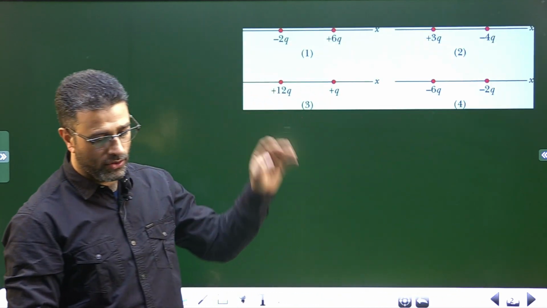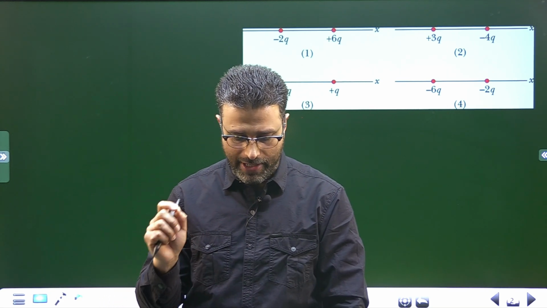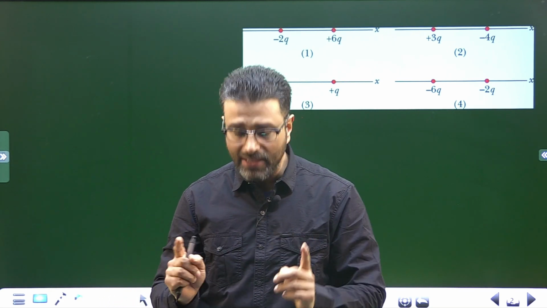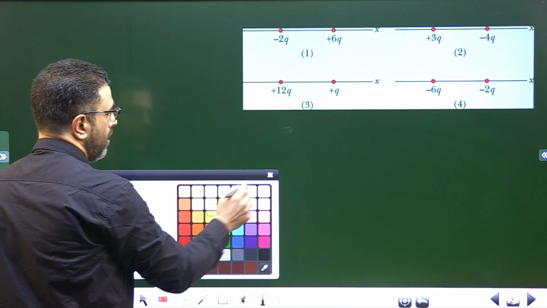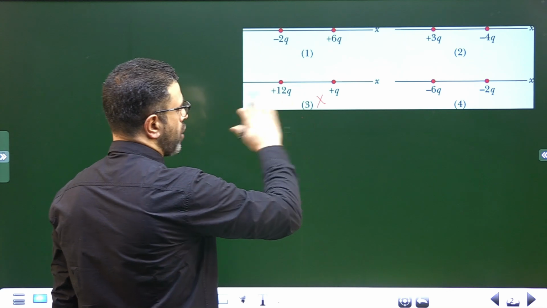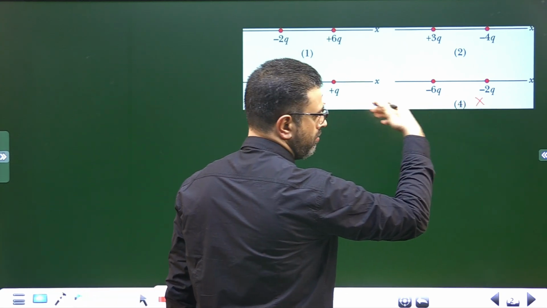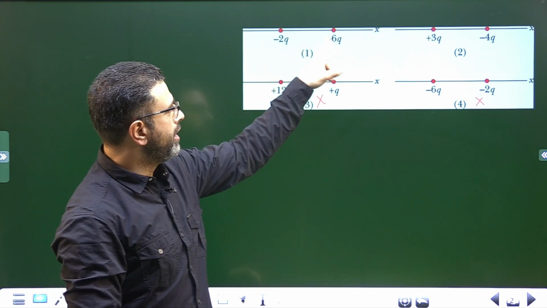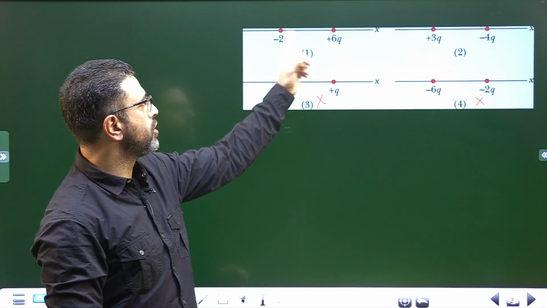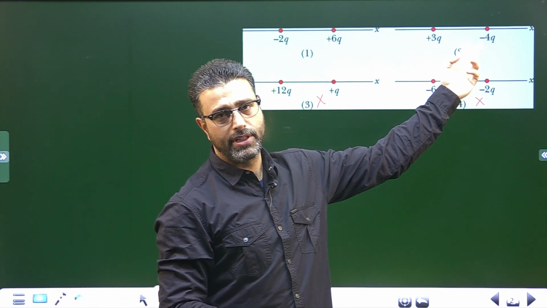So now let's analyze the situation. Part A asks us whether it's possible for net potential to be 0 between the charges. This situation is gone because charges are of same sign. This is gone because charges are of same sign. This situation, it is possible because one is positive, the other one is negative. In this situation, it is possible, one is positive, the other one is negative.